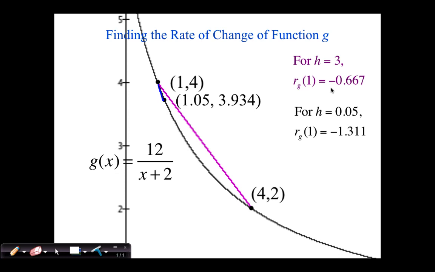So rather than just kind of guessing what an exact value might be, we could see maybe a couple of things. Using this interval as opposed to the purple one, I can see that it looks closer because right around x equals 1, the graph is going more sharply downward than it was by the time we got to 4. When we have these intervals, what we're getting is an average rate of change over that interval.